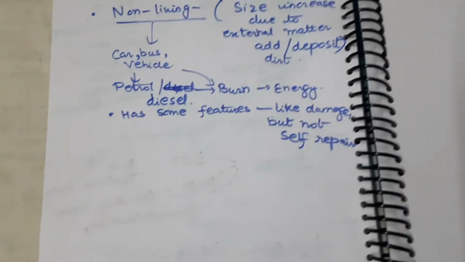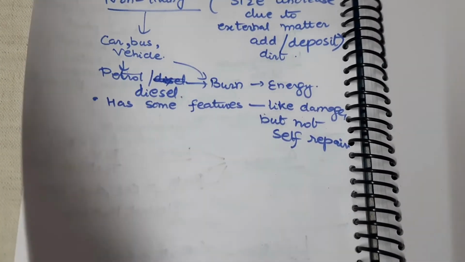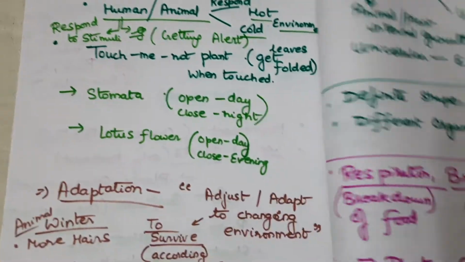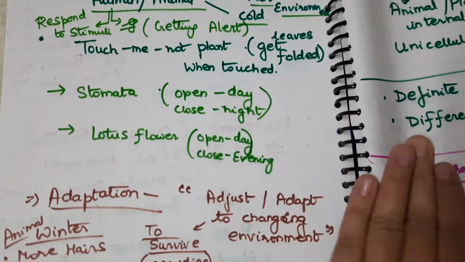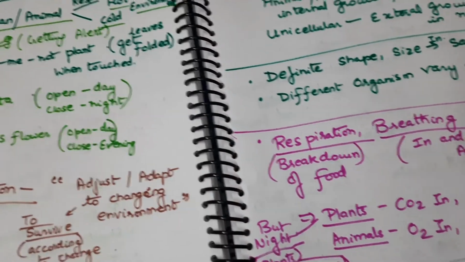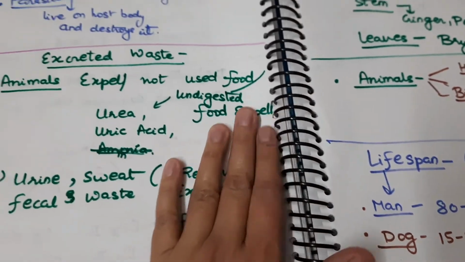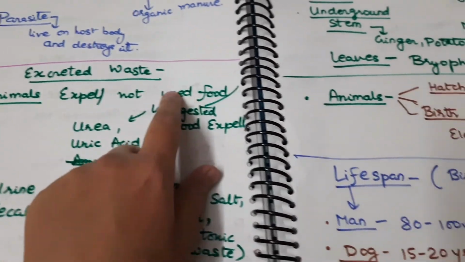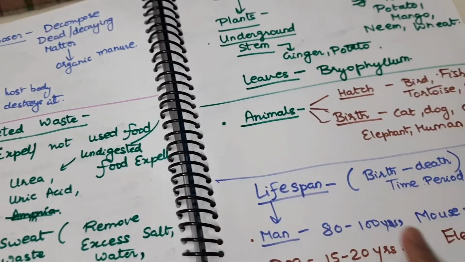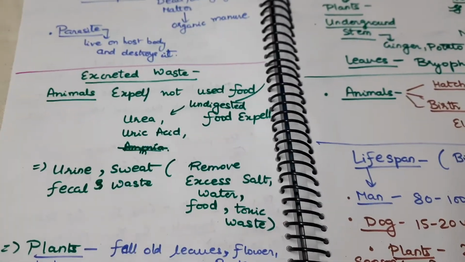But yes, there is some manufacturing or expiry date, but that depends on the product, okay. Non-living things do not respire, they do not breathe, they do not have anything like autotroph or heterotroph, they do not excrete, they do not do anything. So non-living things have nothing similar to the living, okay.